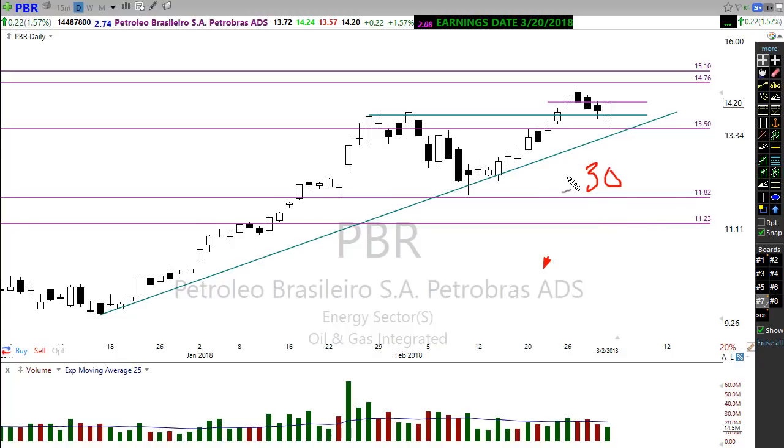Because we know by looking at a theta graph that theta really starts to pick up after 30 days to expiration. That means we've only got, before it really gets serious, 10 to 15 days to make that trade work. And it has to move to make that trade work.